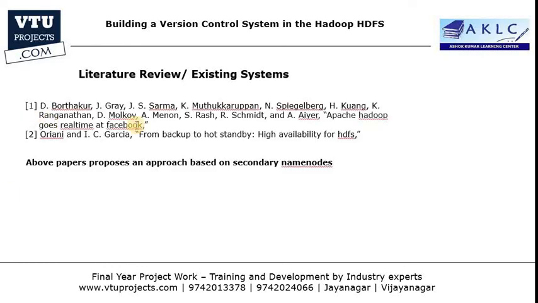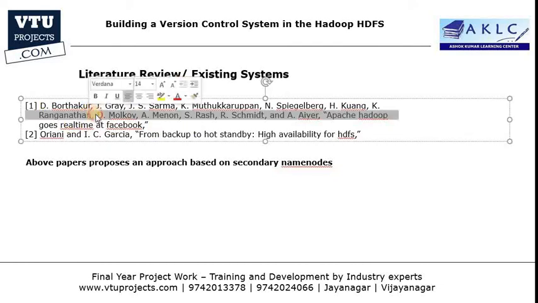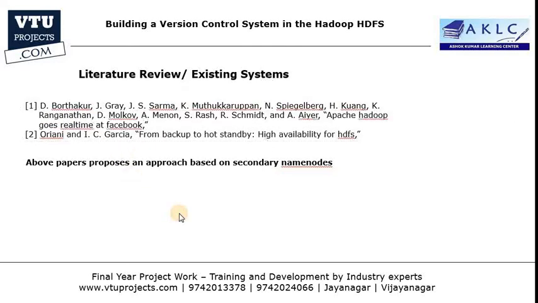First, we have a couple of papers, like I have mentioned here, that propose an approach based on the secondary name node. In the basic prerequisites about Hadoop, you have heard about the name node, right? In the same way, there is another name node called the secondary name node.